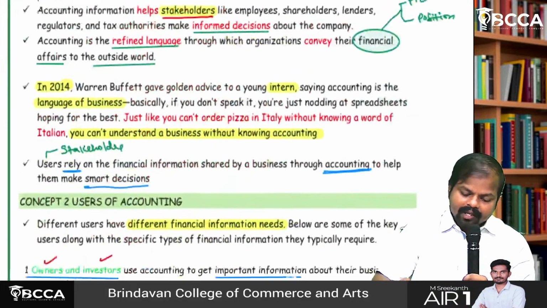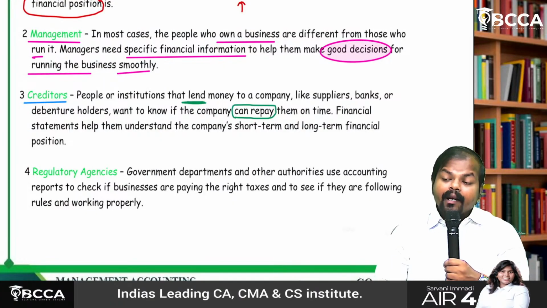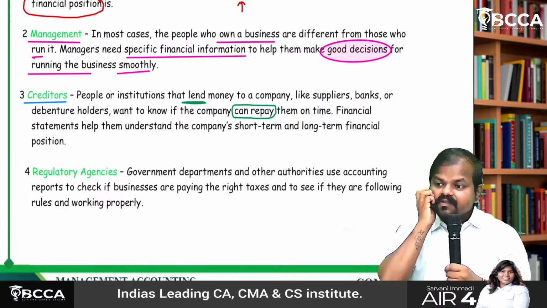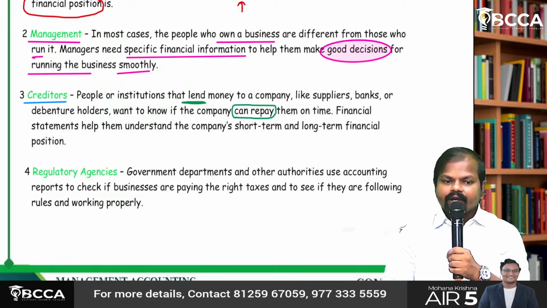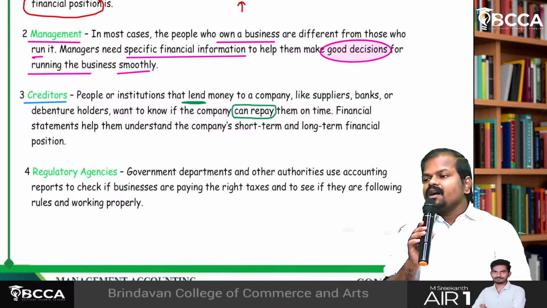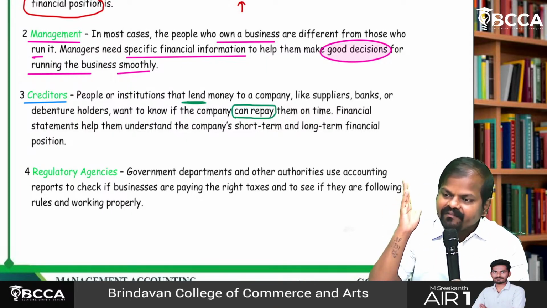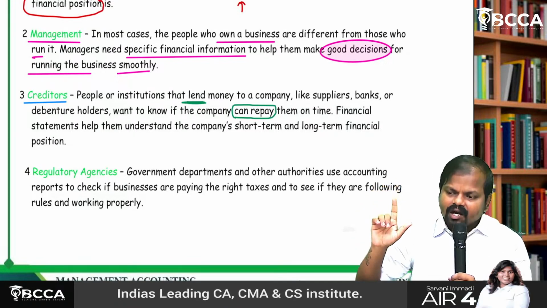Now tell me, what is the expectation of the creditor? Is repayment capability there or not? We know with the help of accounts. Now tell me, what is the expectation of the owner or investor? Profitability, position of the organization.